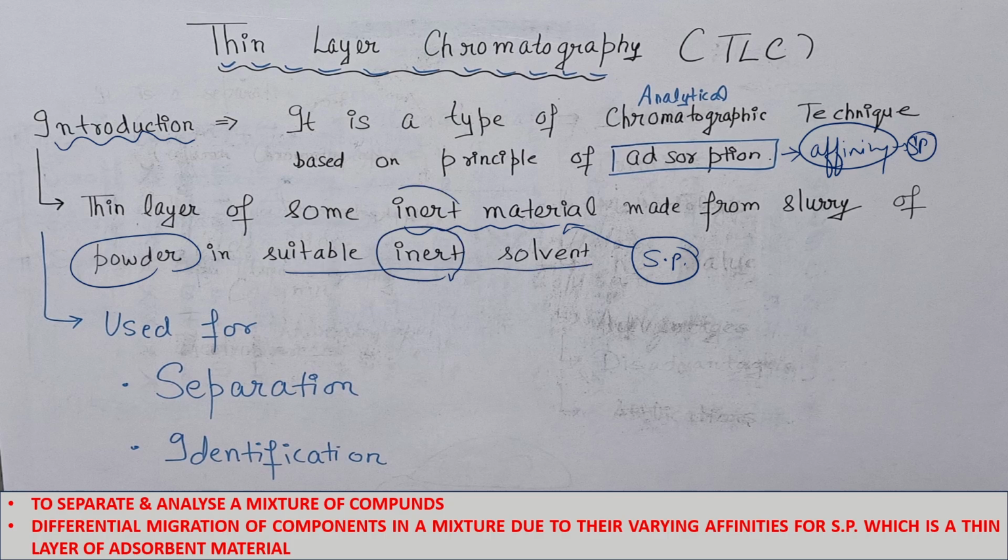The term inert is used because this stationary phase has to be mixed in some solvent. Both of these should be inert so that they do not interfere with the sample components which have to be separated. This technique is used for separation and identification. TLC can be used for various purposes like separation of amino acids, proteins, various drugs, pharmaceuticals, etc. And this will also help in identifying these separated components.